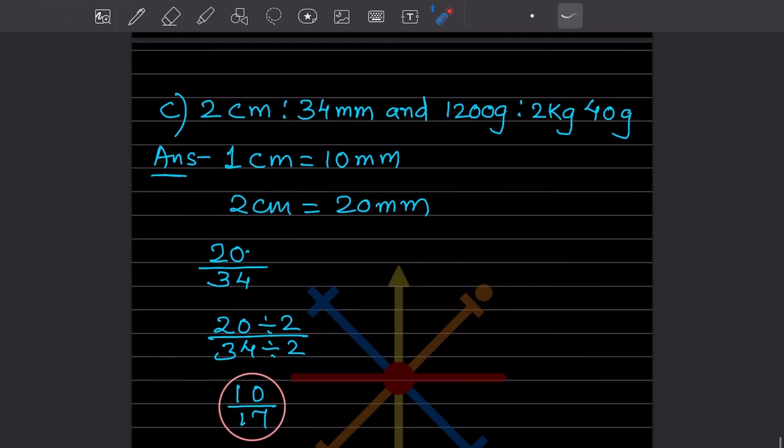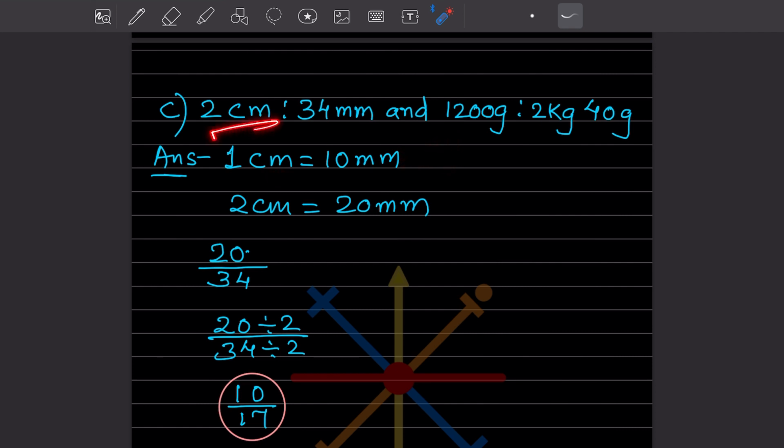Hope you got this one. Next, when we look at this problem, we have to divide this, but before that, we can see this is centimeter and this is millimeter. So these units are different. We have to make it either centimeter or millimeter. Because the centimeter is bigger than the millimeter, I considered this part and want to make it millimeter. 1 centimeter is 10 millimeter, that you know.